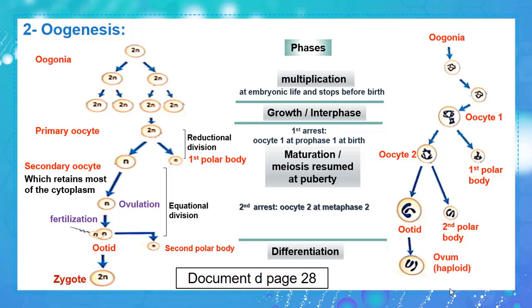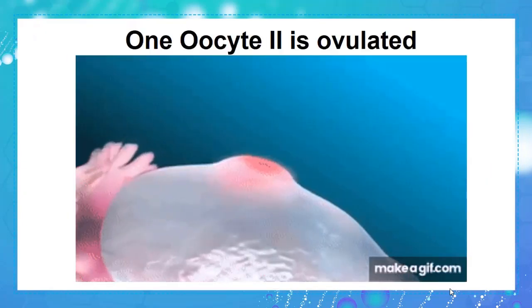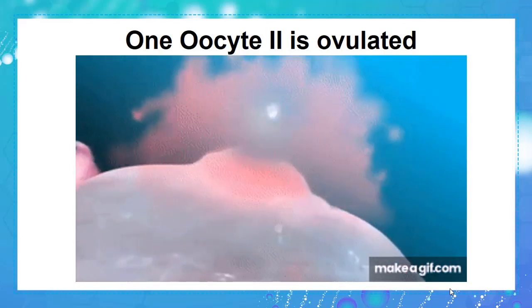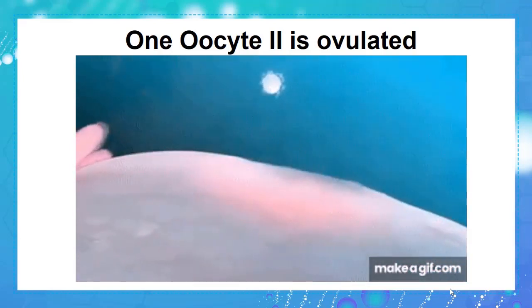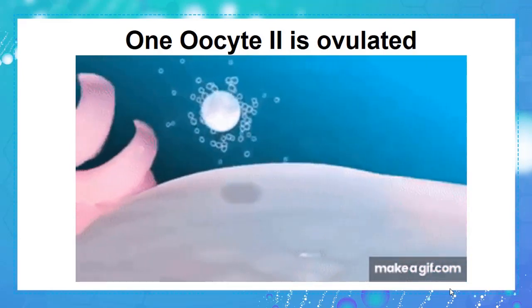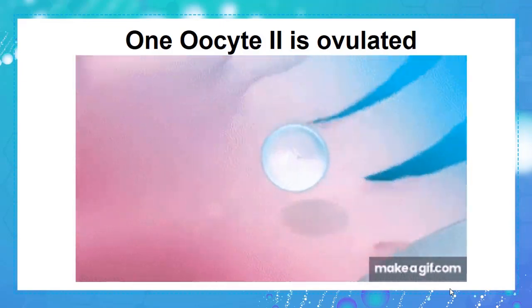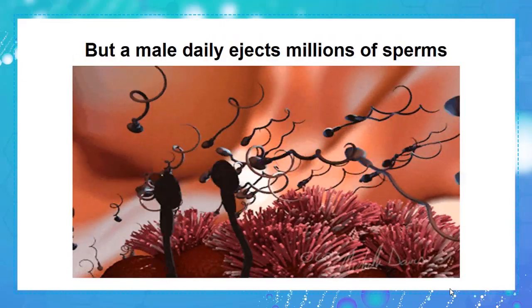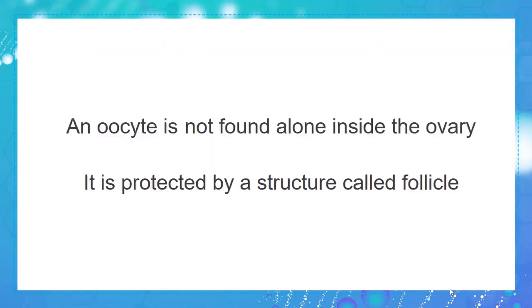Now, you must have noticed that an ovary usually produces one oocyte by ovulation only once per month, while a male daily ejects millions of sperms. That's why an oocyte is never found alone inside an ovary.